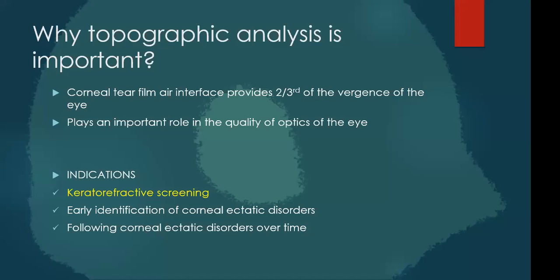Also, following corneal ectatic disorders like keratoconus or PMD, post C3R, post collagen cross linking, or post treatment, topography helps us a lot to see how stable the cornea is post any treatment of corneal ectatic disorders.